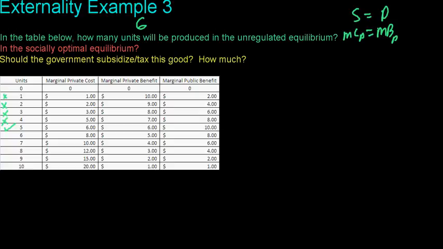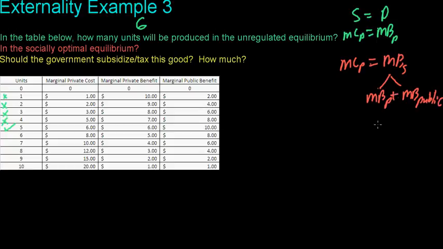Now in the socially optimal equilibrium, we want the place where marginal cost, the private marginal cost, is equal to the marginal benefit to society. Another way of writing the marginal benefit to society is the marginal benefit to the private plus the marginal benefit to the public, or to society. So we can just add those two together.